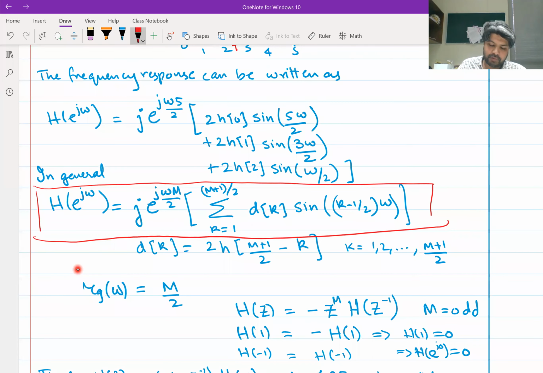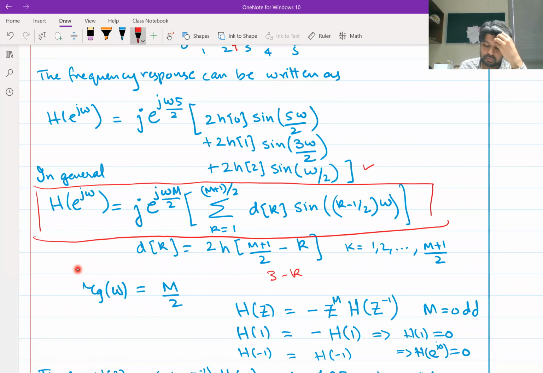And you can verify by putting m is equal to 5. So m is equal to 5 अगर आप put करेंगे तो m plus 1 6 हो जाएगा, 6 by 2 is 3, 3 minus k की term आ जाएगी ये. ठीक है? So when k is equal to 1, you have h of 2. ठीक है? Times sine of 1 minus half is 1 half sine of omega by 2. ठीक है? So this is verified.